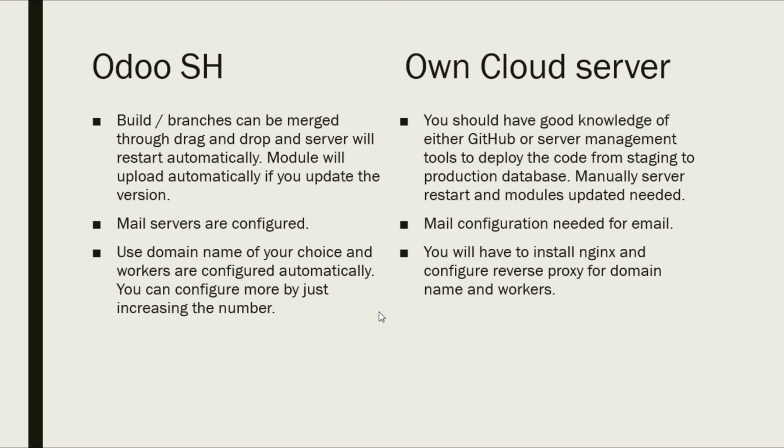But on our own server, if you want to configure a domain name or the reverse proxy to set up the workers, you will have to install nginx and then do the configuration, which requires a lot of knowledge.